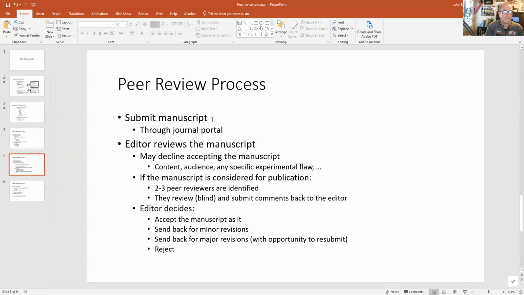But the editor, once reviewing those comments from the reviewers, could say, oh, this is great, we're going to accept it as is. That hardly ever happens, but it could happen. It could be that the manuscript is really well written, well understood, well received by the reviewers, and no edits are necessary. Typically, manuscripts are sent back with at least minor revisions.